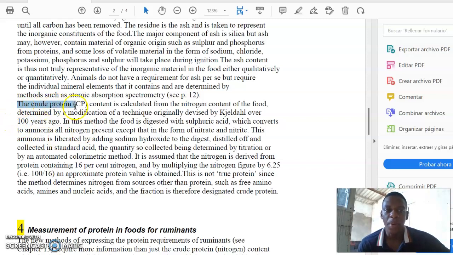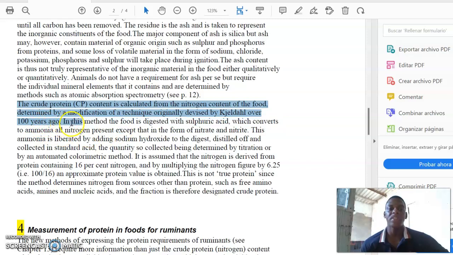The crude protein content is calculated from the nitrogen content of the food, determined by a modification of a technique originally devised by Kjeldahl over 100 years ago.